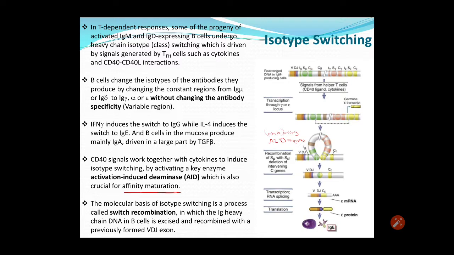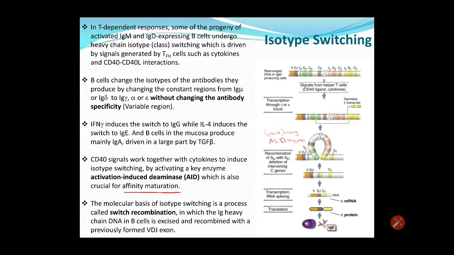And within the mucosa in the gut, you will get other Th2 type cells inducing IgA production of B cells within these follicles around the gut. So depending on the location and the type of cytokines will determine what kind of isotype antibody is made. Right?